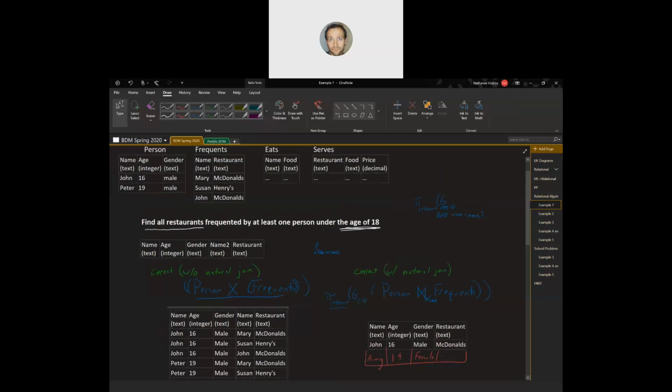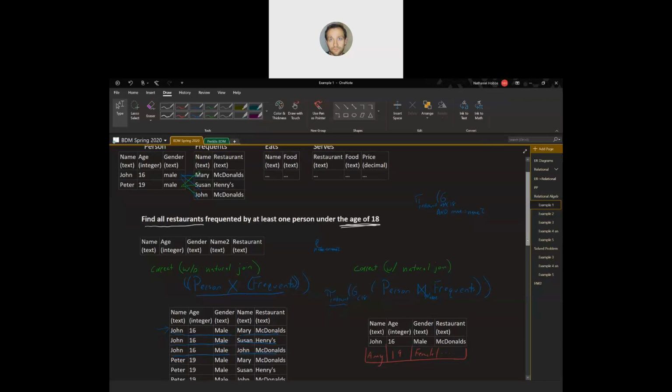So it takes John and matches it with Mary. That's this entry. There's the John part, there's the Mary part. It also matches John with Susan and John with John. This is the John with Susan, and then John with John. And then it also matches Peter up with each entry in the frequents table.